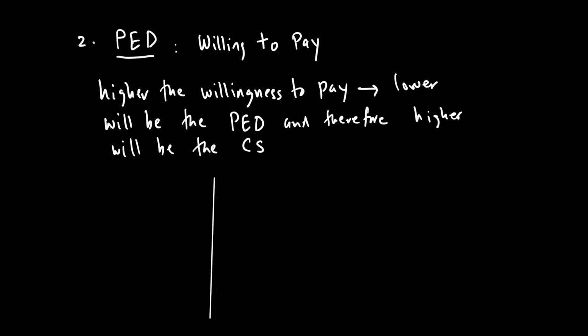Let's see this through an example. Let's say right now we have eyeglasses, and before the lenses were discovered, there were not many options for people who had weak eyesight. They had to only wear eyeglasses.